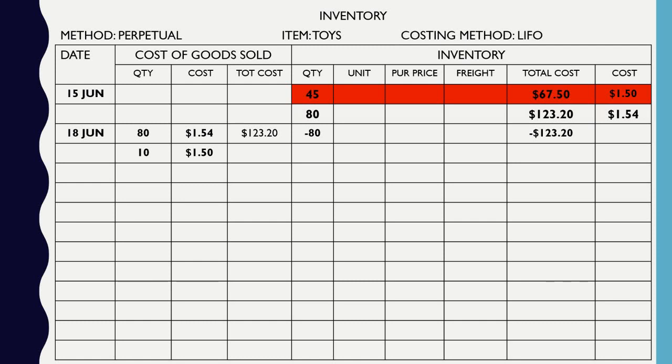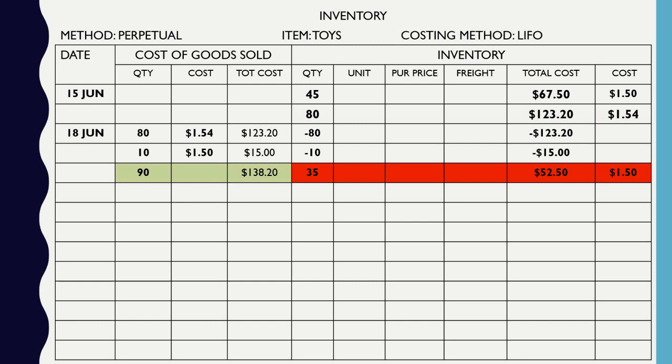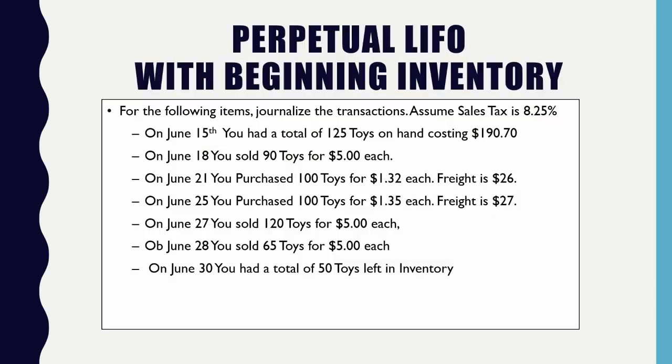And then I have 10 of them at $1.50, so that's $15. So I'm going to eliminate that from my red batch to give me a remaining 35 units at $52.50. So that's what I have left in this batch right here. So that means I only have my red batch.